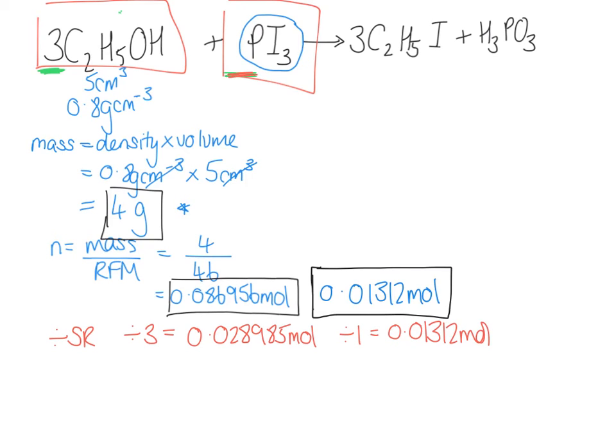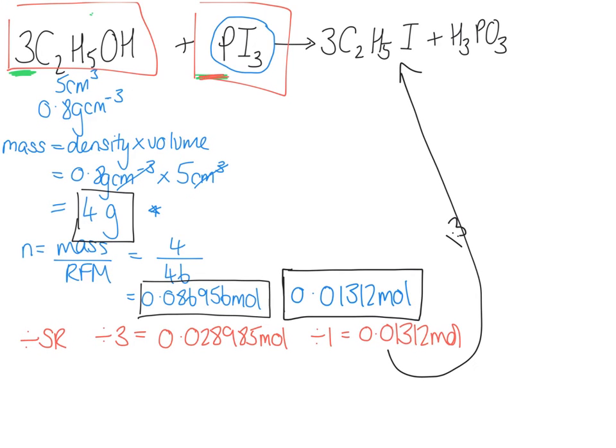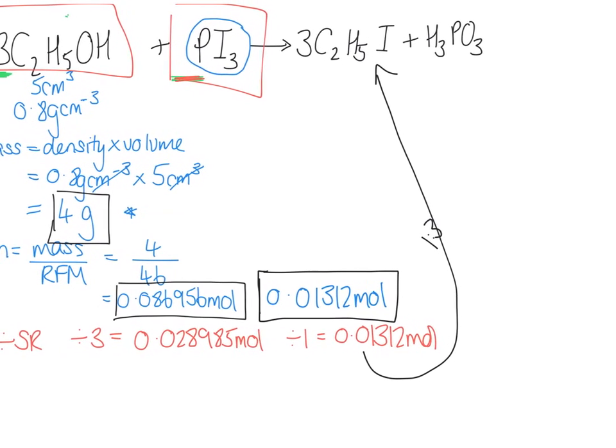Okay, so we're taking this number of moles over to iodoethane, so that is a 1 to 3 ratio. I'll be a little bit squished here, but I can move all of this over.